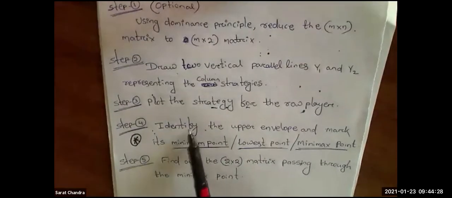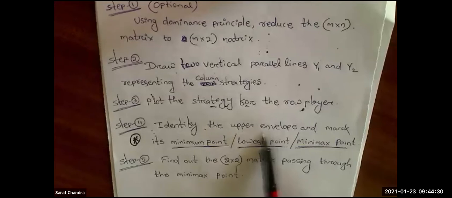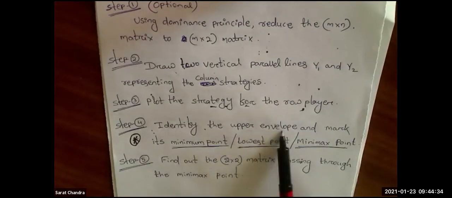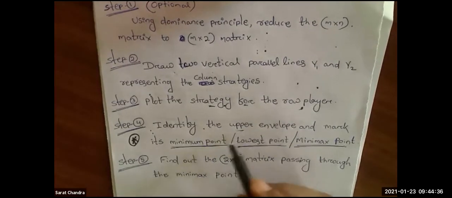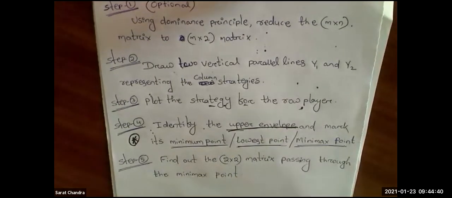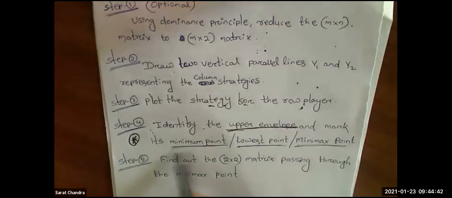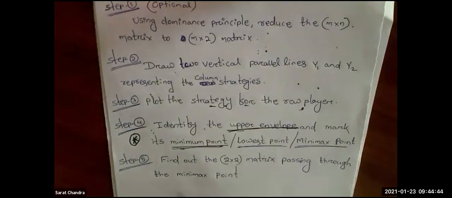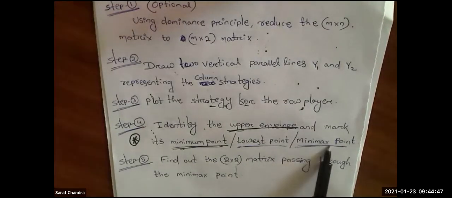But here we have to do the opposite thing. What is the opposite thing? Here we have to identify the upper envelope, and we have to mark its minimum point, so that it will be called the minimax point.